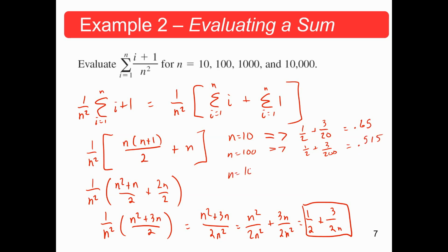If n equals 1,000, this is 1/2 plus 3 over 2,000, which is 0.5015. And if n equals 10,000, that's just 1/2 plus 3 over 20,000, and that's 0.50015.